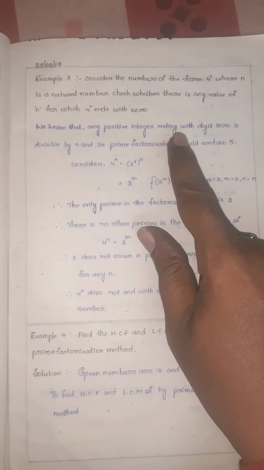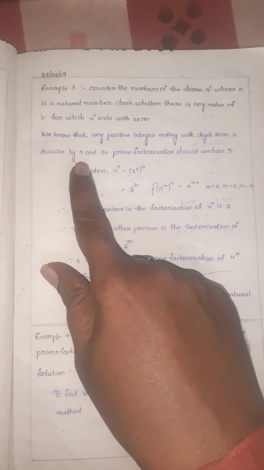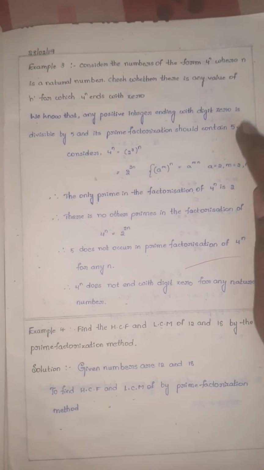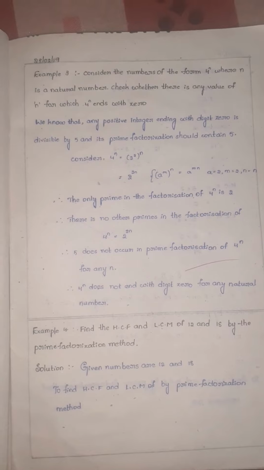So we know that any positive integer ending with digit 0 is divisible by 5, and its prime factorization should contain 5.